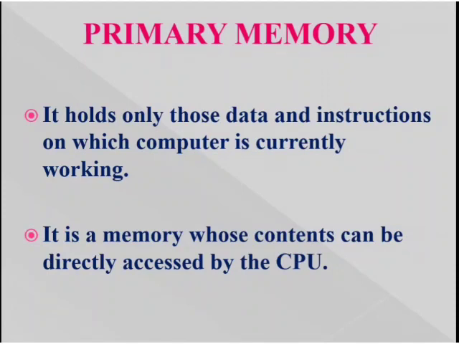The data on the primary memory is directly available to the CPU. Those data are directly accessed by the CPU. The CPU reads the instructions stored in the primary memory continuously and executes them as and when required.